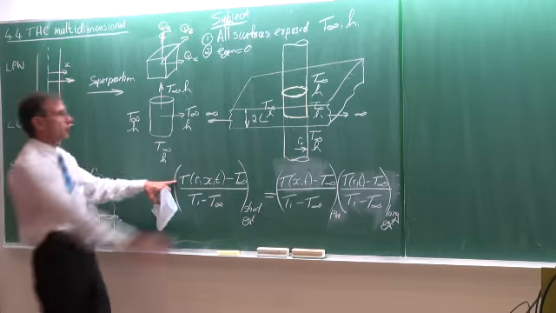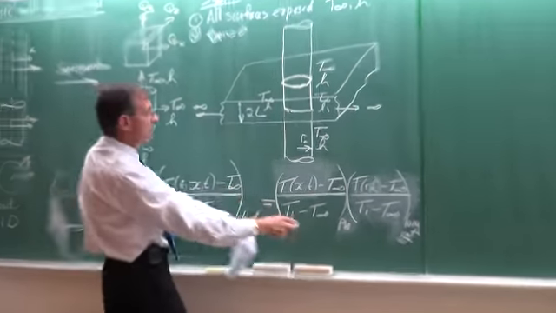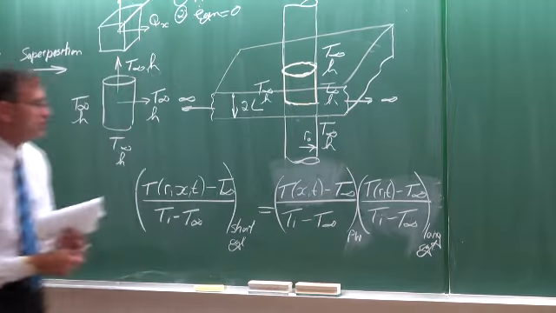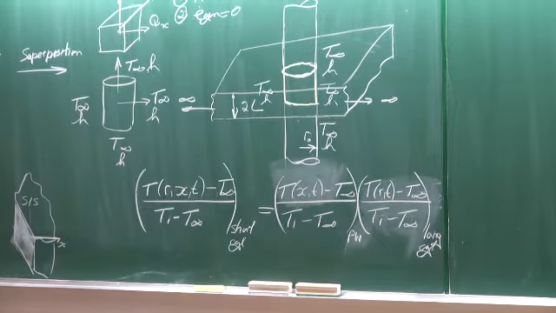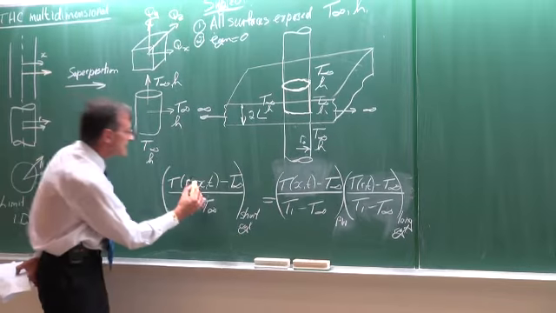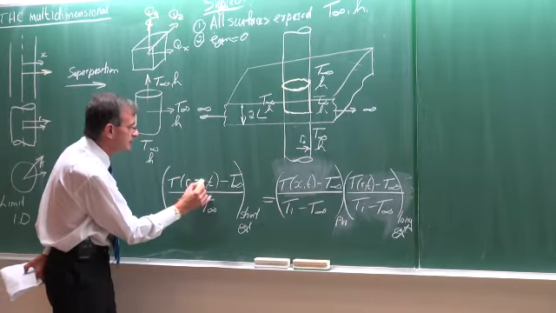Right, so the solution for the short cylinder is the solution for the plane wall multiplied by the solution for the long cylinder. Okay. Now take note that in here we have now x.